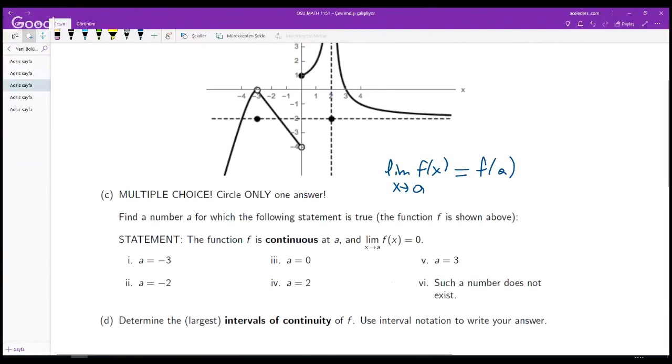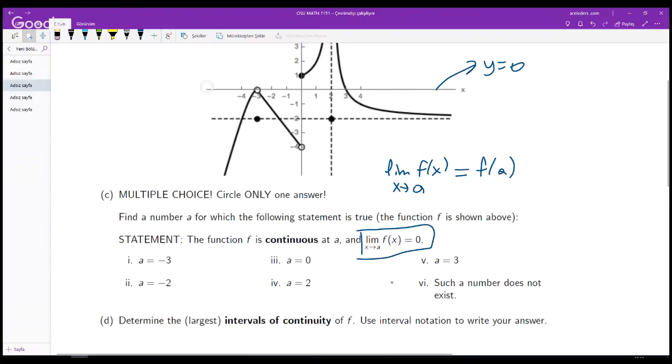So I will find a point of x where the function value equals 0. So y will be equal to 0. Where is the line of y equals 0? This is the x-axis. Along the x-axis, y is equal to 0.